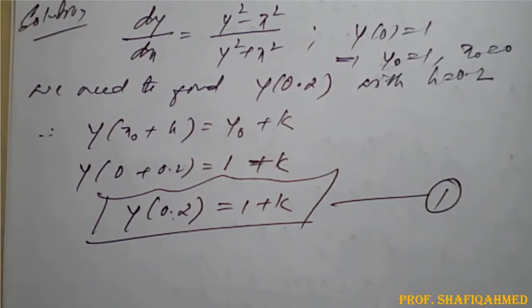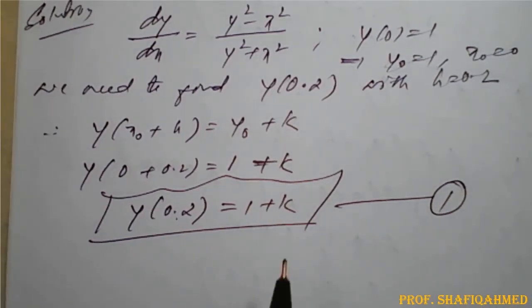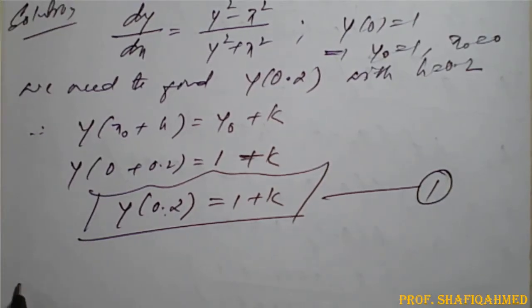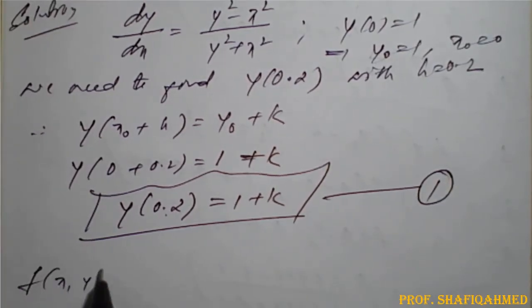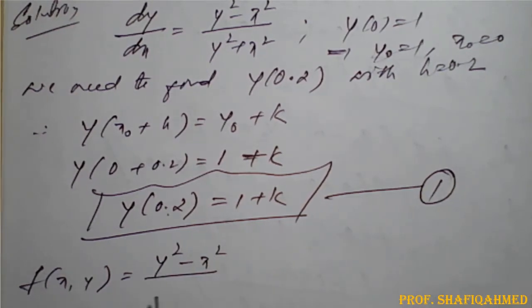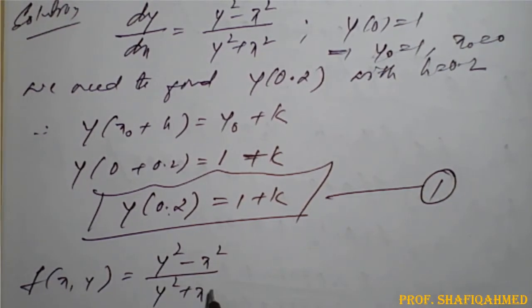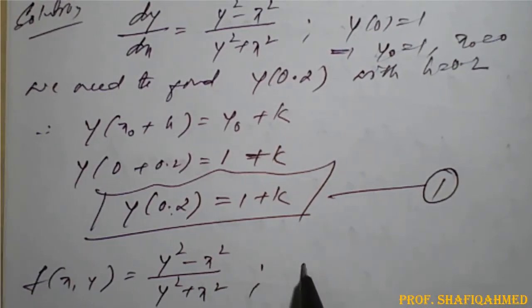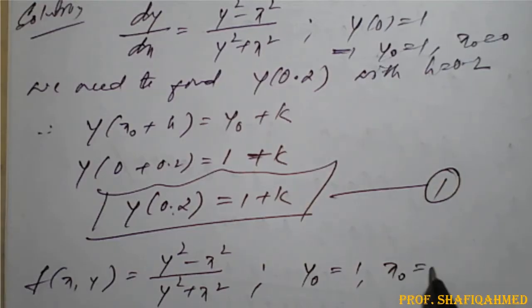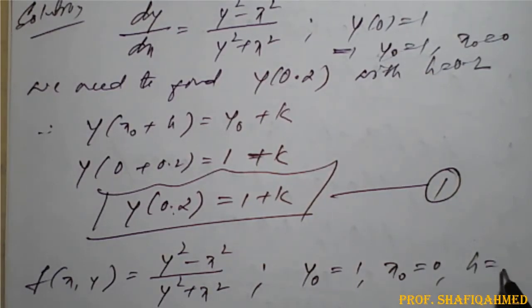So here the value of k, what we have in the form of formula. The given dy by dx we need to consider as f of x comma y is nothing but (y square minus x square) divided by (y square plus x square), with y naught is 1, x naught is 0, h value is 0.2.